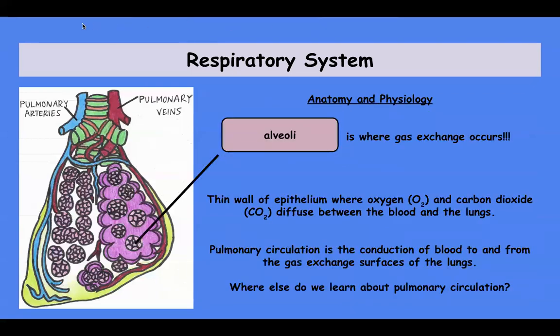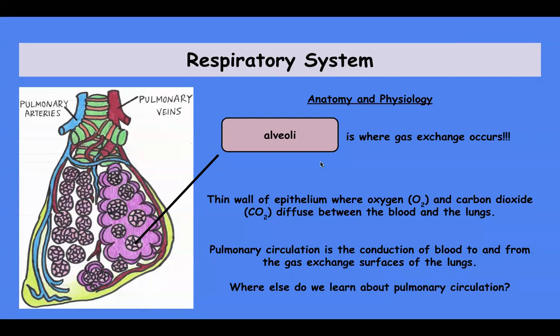All right, so let's talk a little bit about the alveoli specifically. The alveoli are made up of very thin walls of epithelium. And we've learned that epithelium is a type of tissue, epithelial tissue, and it's very thin. This is where gas exchange is occurring. This is where the main event is happening in the alveoli.